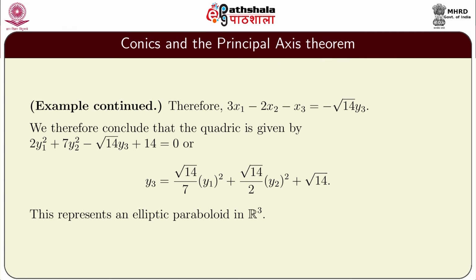So, the new expression for the quadric is y3 = (√14/7) y1² + (√14/2) y2² + √14, and this in fact represents an elliptic paraboloid in R3.